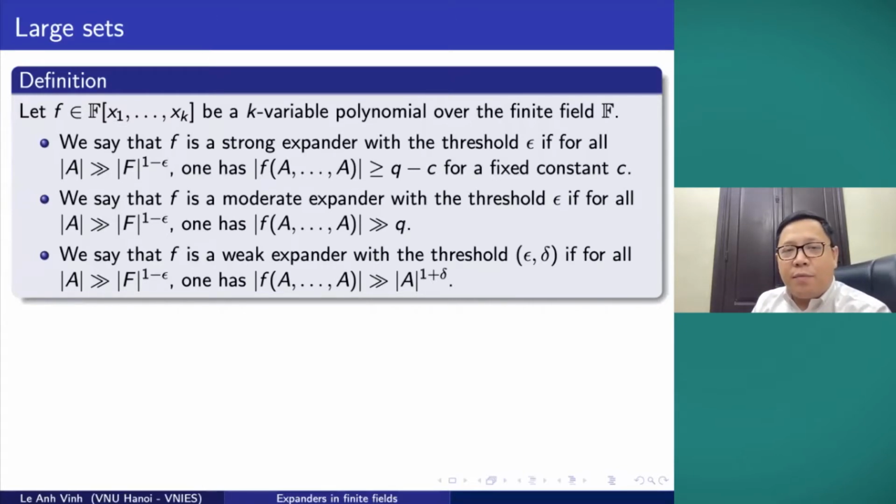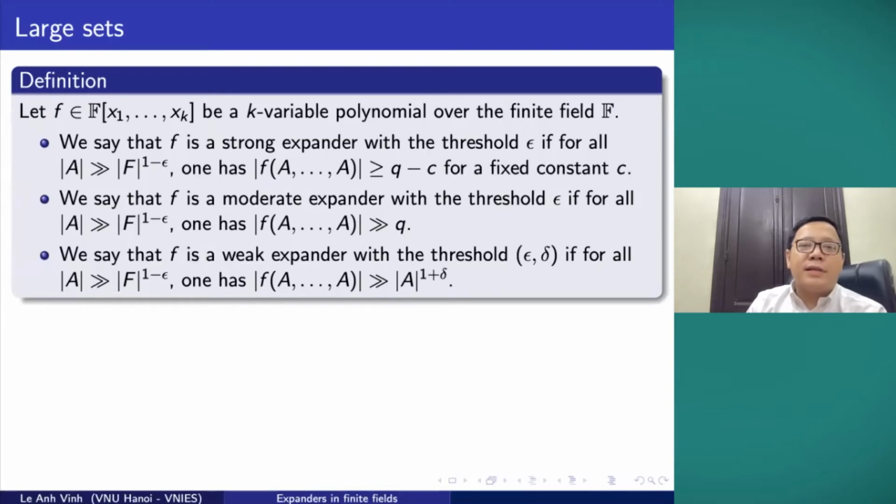Then the function f is called a strong expander. And you call it a moderate expander if the image of that function covers a positive proportion of the field.